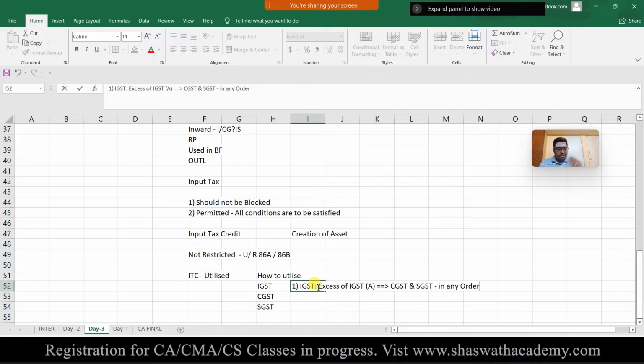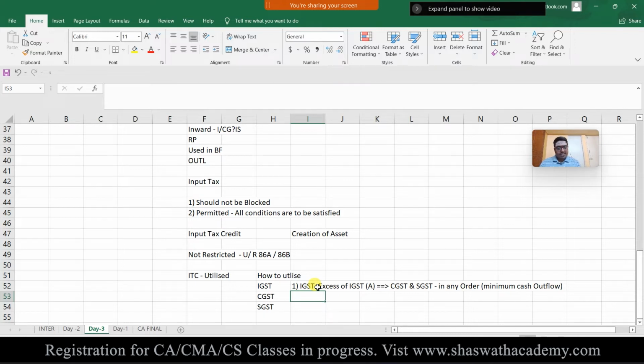It can be 40-60, it can be 60-40, it can be equal, it can be 0 and 100, it can be 1% 99%, it can be 99% 1%. I can adjust in any order with an objective. What is the objective when I decide any order, sir? Minimum cash outflow. With this objective, I will adjust in any order.